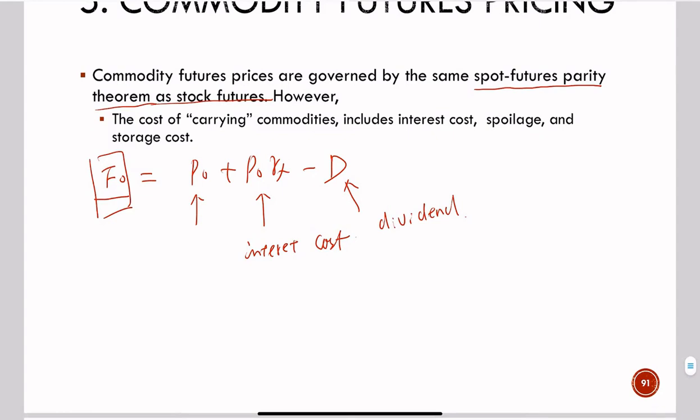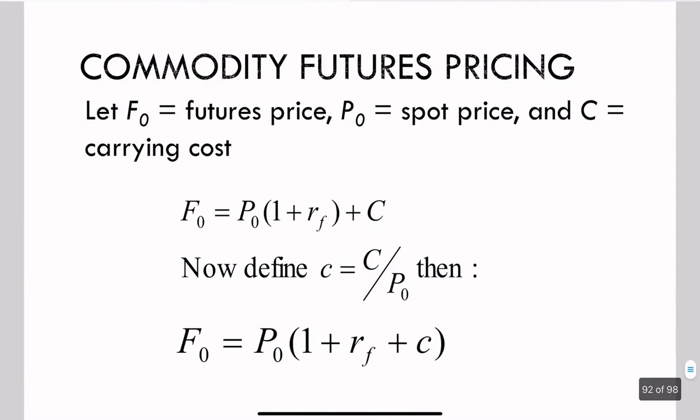And then in the case of commodity futures, the idea here is the same. We could again use this cost of carry model to think how we should price commodity futures. So let's say F0 here is the futures price and P0 is the spot price. To be more accurate, it's today's spot price, the current spot price.